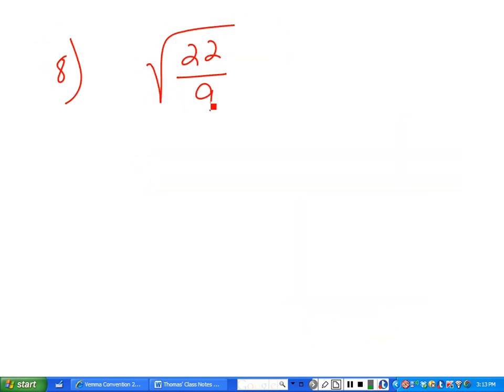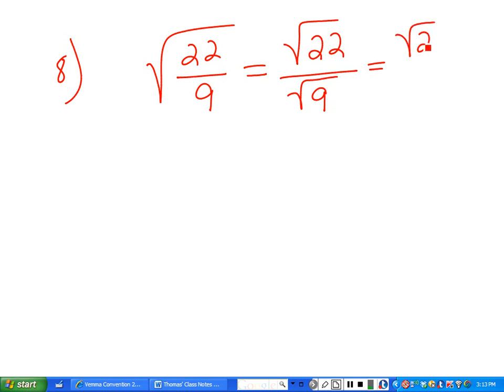Square root of 22 over 9. Now looking at 22, I know that 22 is not divisible by 9, so I can't do it that way. The only other way I can think of is to split up this one radical into 2 radicals. The square root of 22 divided by 9 is the square root of 22 divided by 3.